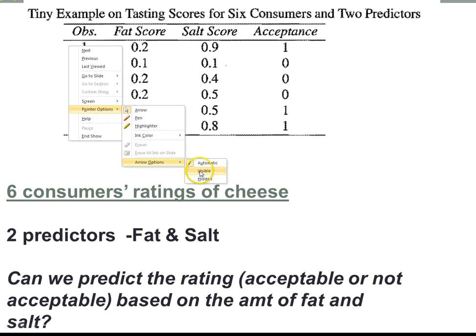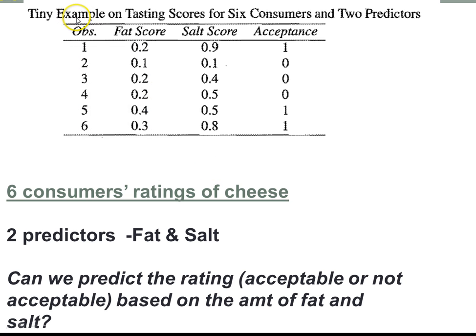What does this say? Tiny example on tasting scores for 6 consumers and 2 predictors. Actually, I think that's a mistake. I think it's 6 cheeses and 2 predictors. So not 6 different consumers, but 6 different cheeses.